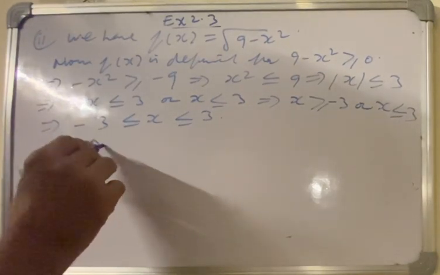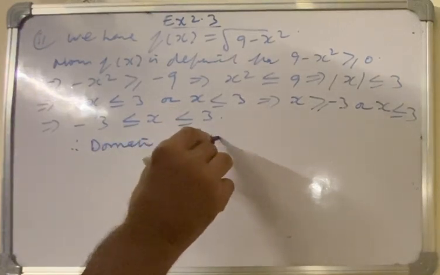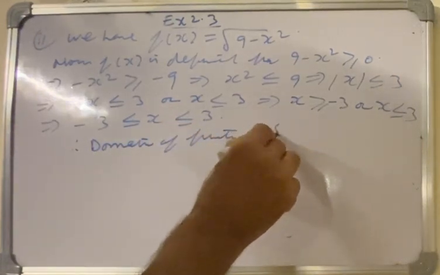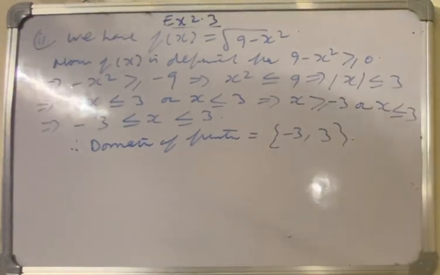Therefore, the domain of the function is [-3, 3].